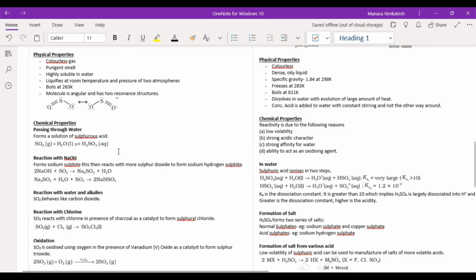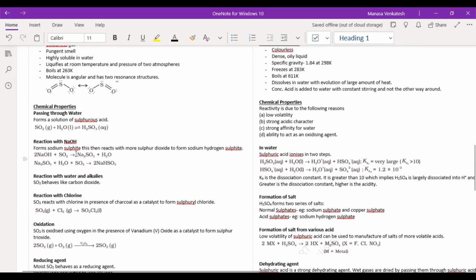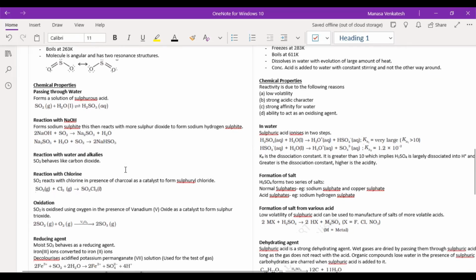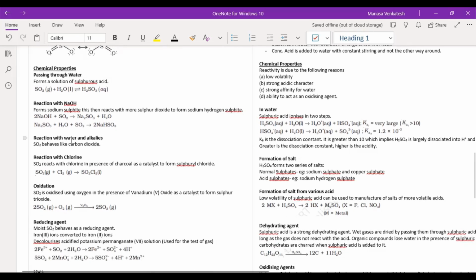When it reacts with sodium hydroxide, first you get sodium sulfite, and that further reacts with more sulfur dioxide to give us sodium hydrogen sulfite. It reacts with both water as well as alkalis, and it behaves similar to carbon dioxide.